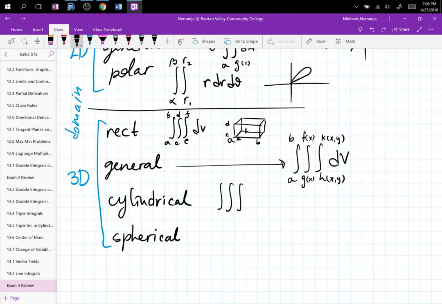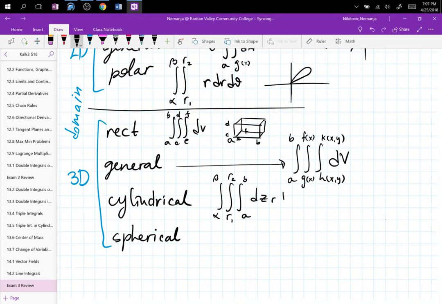So, cylindrical is going to have alpha and beta on the outside. And then it's going to have your R1 and R2, which is the radius for dr. And then it might have A and B, because the string over here is r dz dr. Well, no, we did the z r dr. Okay, well, let's put it in the order that was in the book.